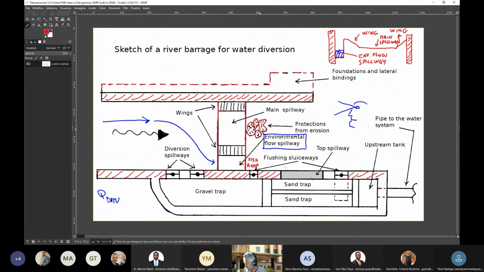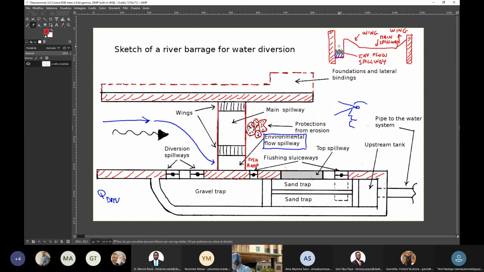Now, let's look at what happens with regard to water diversion. And let me just make a change in my drawing here. I want to lower down the level of the flow in the environmental flow spillway.